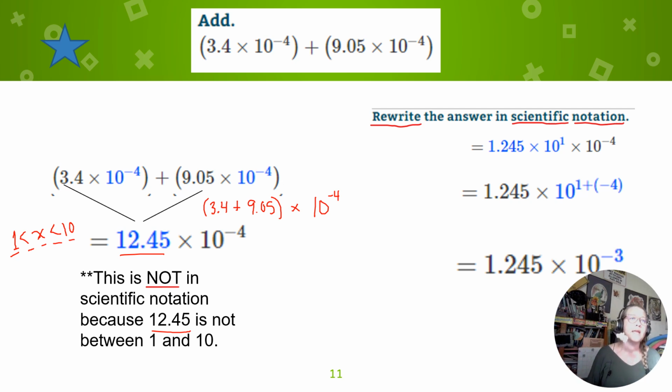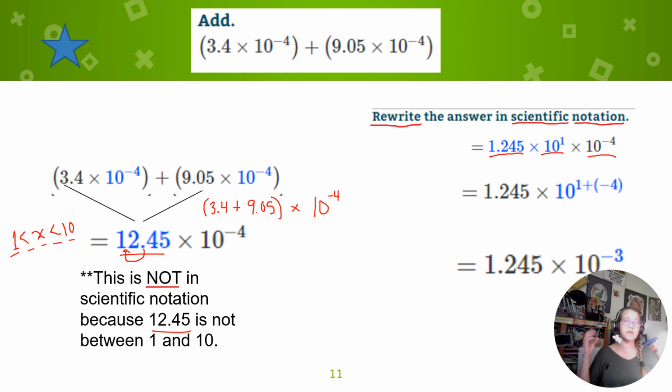All right? Now, this is what is actually going on in here. Okay? We want to move that one space to the left. Okay? Which would be a factor of 10 to the first power. All right? So, if we want to make this 1.245, we need to multiply that by 10 to the first power and then 10 to the negative fourth power.